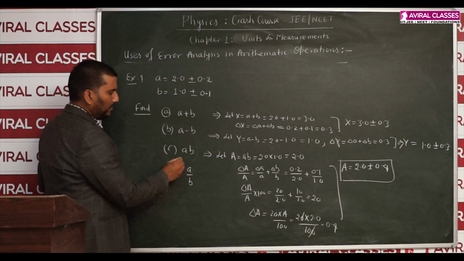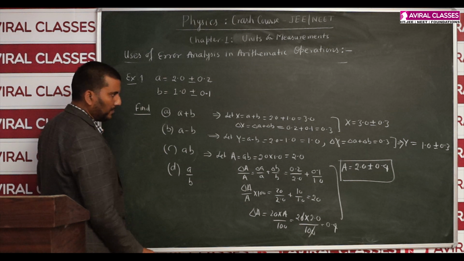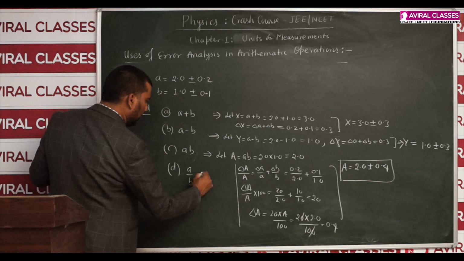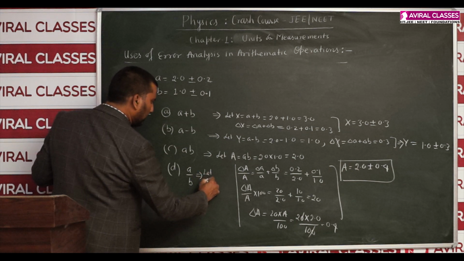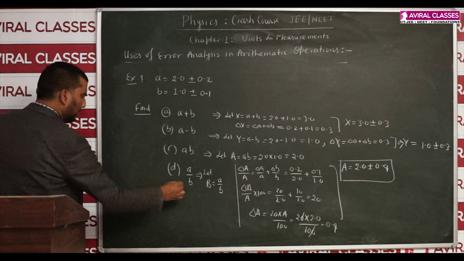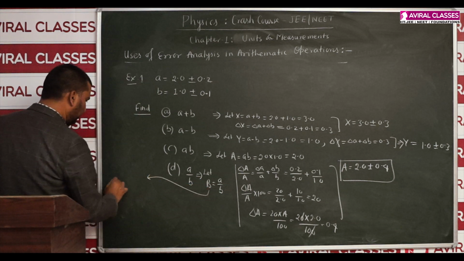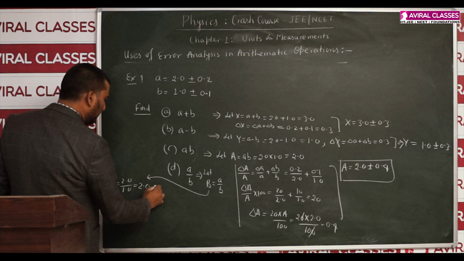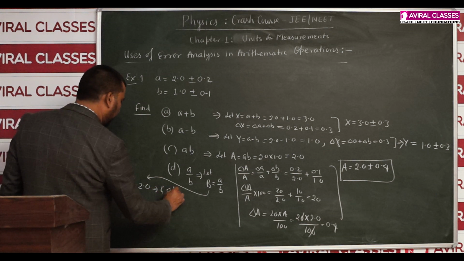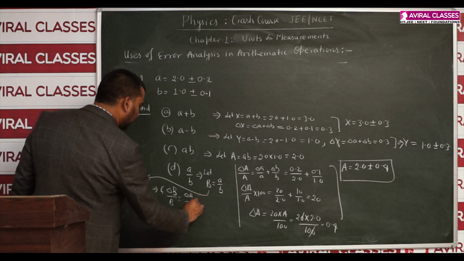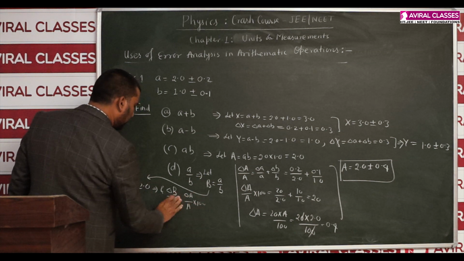Now the last one. Let me solve it here. Let B is A upon B. B is 2.0 upon 1.0. Answer is 2.0 only. And delta B upon B is delta A upon A plus delta B upon B. Let me get percentage error.